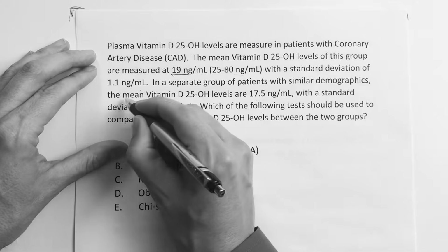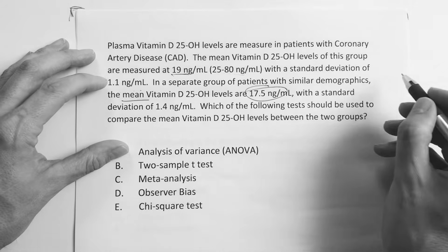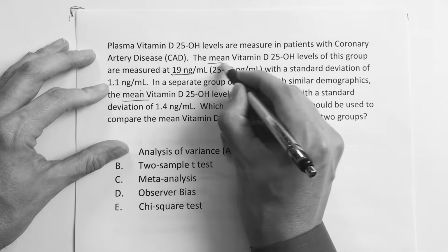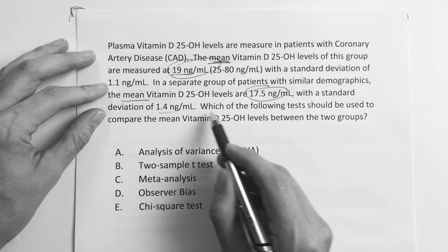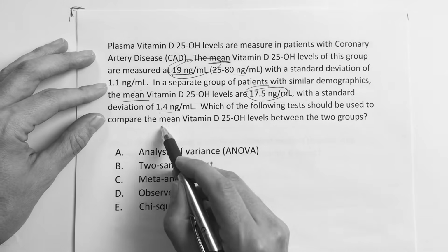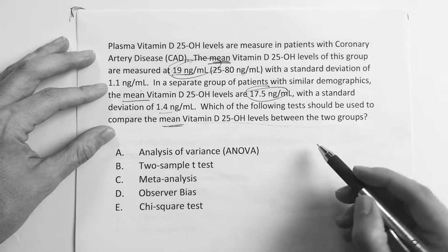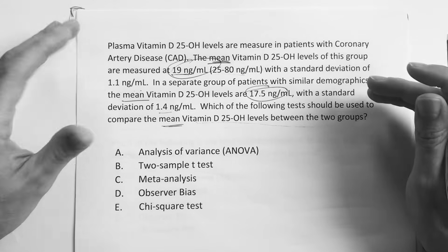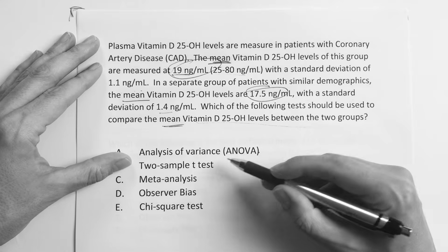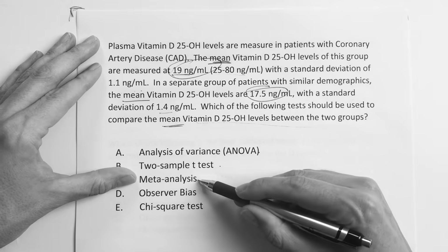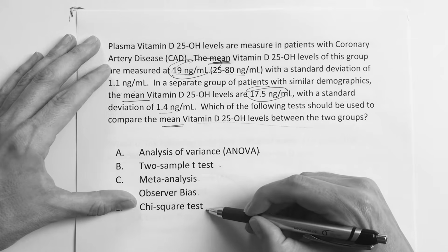Okay, so they're talking mean here, mean here, with a standard deviation of 1.4. Which of the following tests should be used to compare the mean of vitamin D levels? Okay, so this is just a basic kind of definition, because when you look at your answer choices, you've got an analysis of variance, or ANOVA, two-sample t-test, meta-analysis, observer bias, or chi-squared.